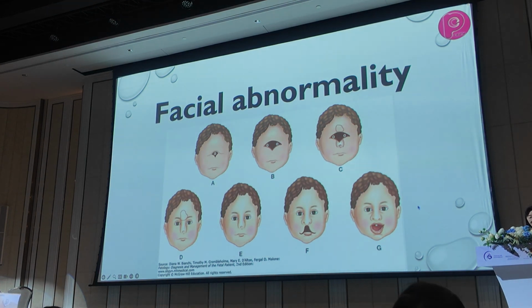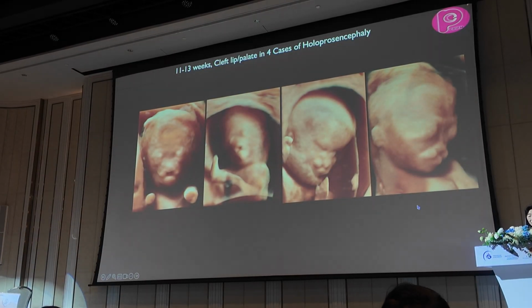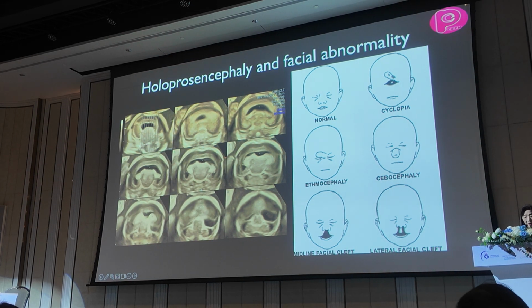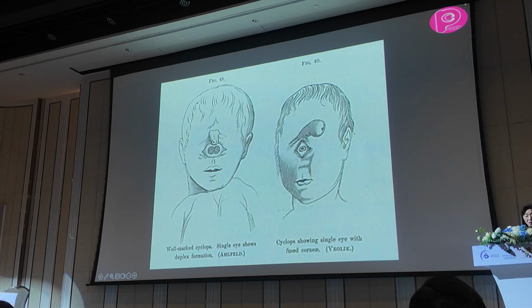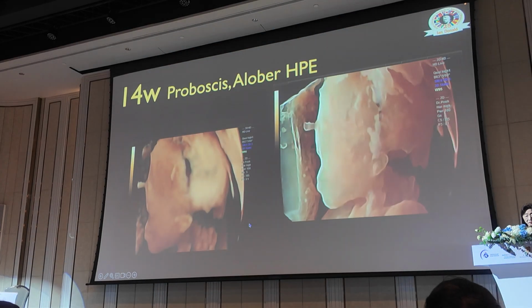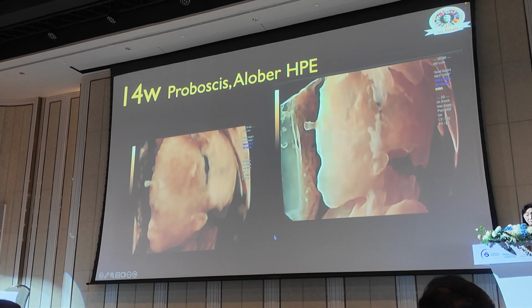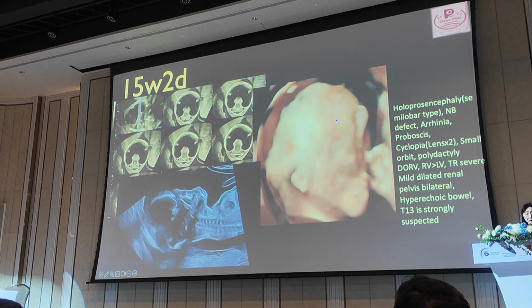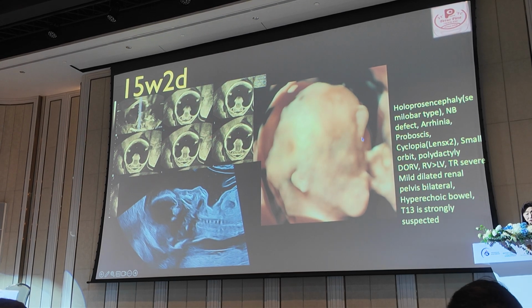Now, the facial abnormality: many kinds of facial abnormality like this, and many of the textbooks show this kind of very odd face with holoprosencephaly. And here you can see this is the proboscis with a lobar, and this is also a proboscis.